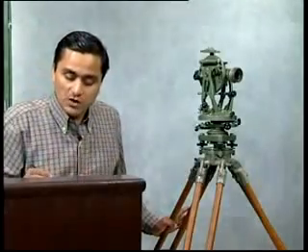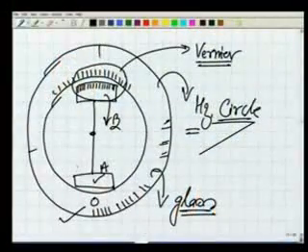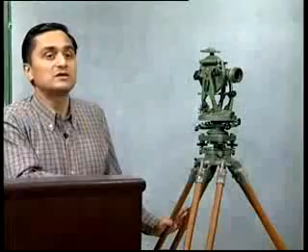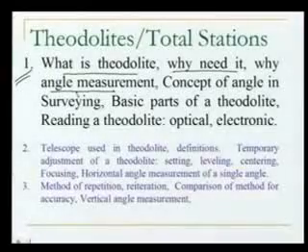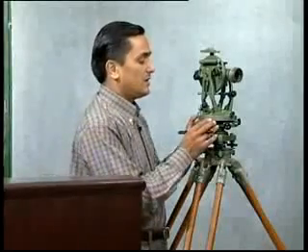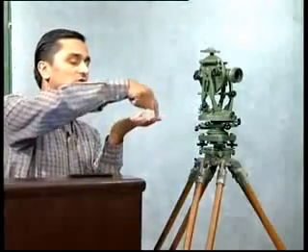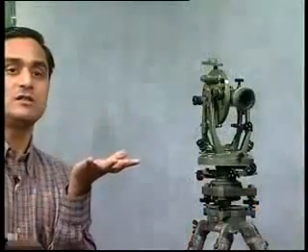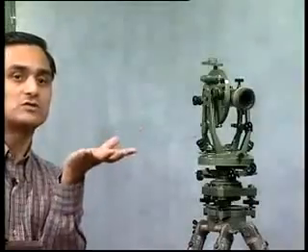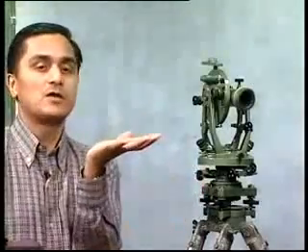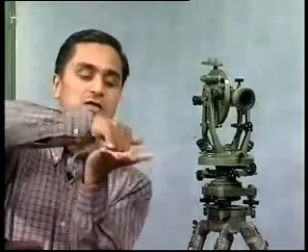Now how does it measure the angles? What is the thing which is happening there inside? We will try to look into that now. Well, if I can show you by my hand also, that's the horizontal plate or horizontal circle, or we say lower circle also, because this is the lower one. On top of this is the index.